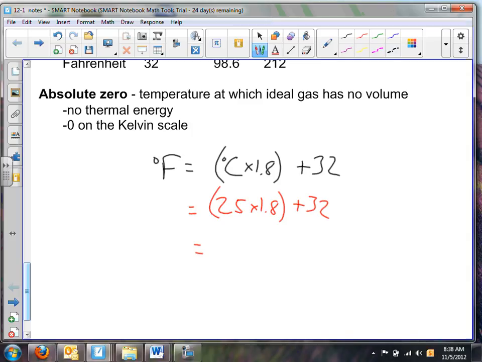You take out the calculator. 25 times 1.8 is 45. Add 32 to that, you get 77 degrees Fahrenheit. So a nice warm summer day.